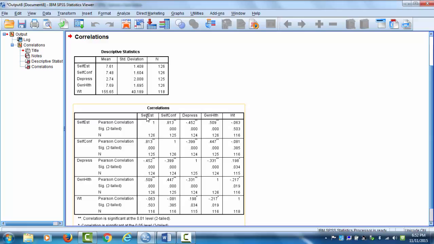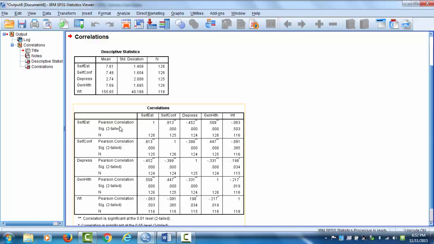Now we have a phenomenon with the correlation matrix: on this diagonal we have ones, and this indicates that if you correlate a variable with itself, the correlation coefficient is 1. Also, we said that there were 10 pairs of variables, so I have 1, 2, 3, 4, 5, 6, 7, 8, 9, 10 correlations, because the correlation coefficients above the diagonal and below the diagonal are actually mirror images of each other.